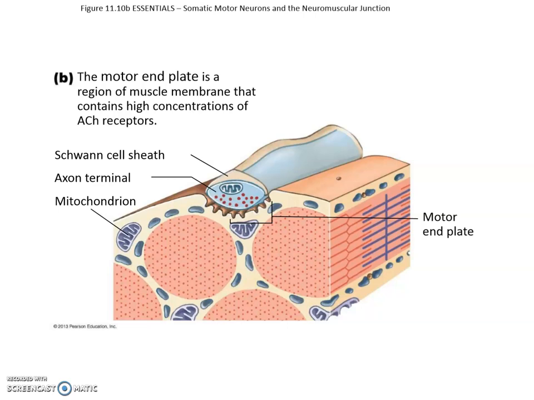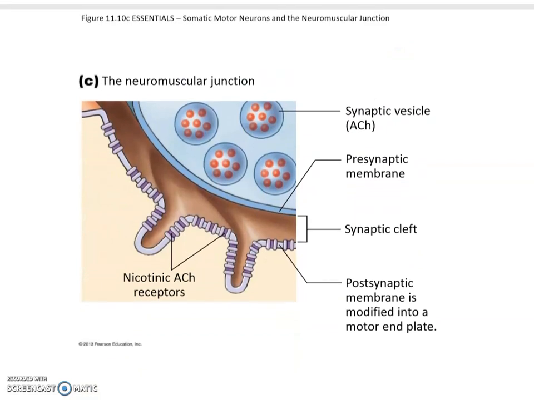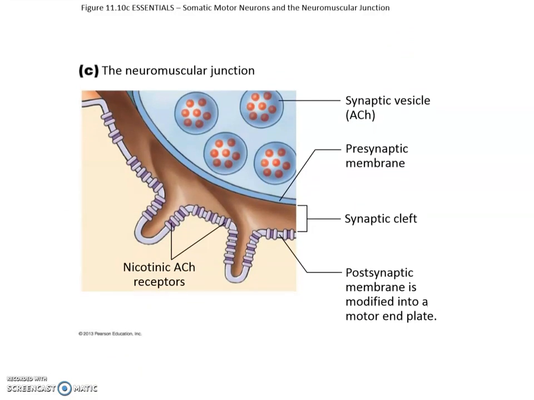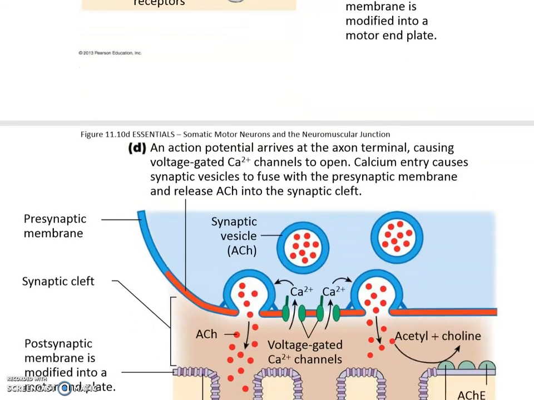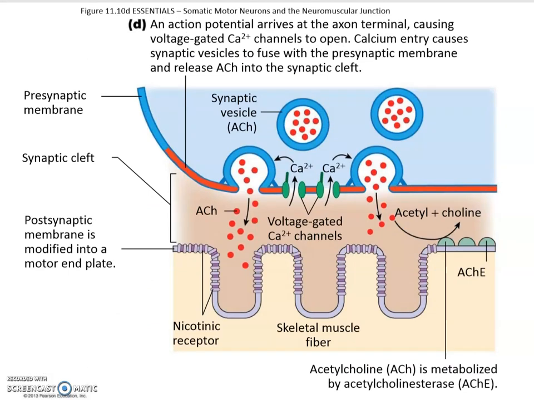The receptors are nicotinic type of acetylcholine receptors. And here more up close, the neuromuscular junction and the acetylcholine here in the synaptic vesicles. And then we have these nicotinic type of acetylcholine receptors.